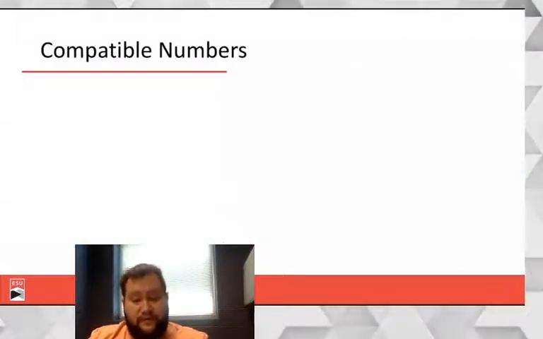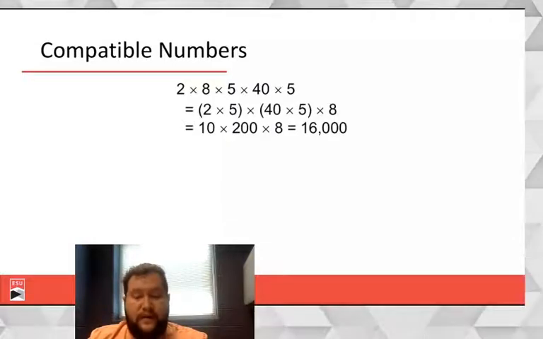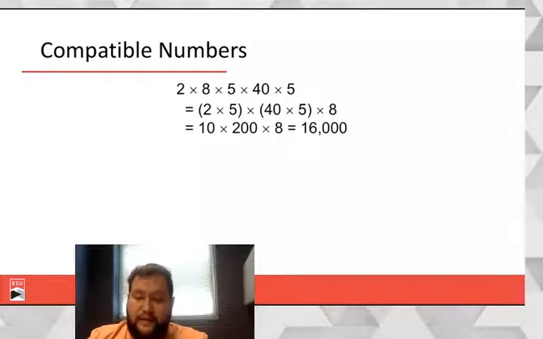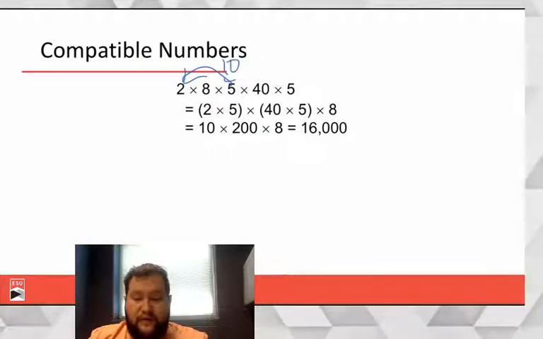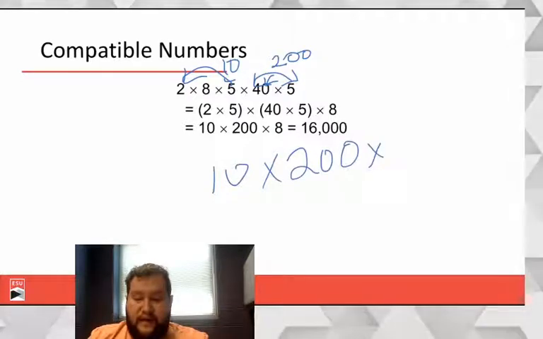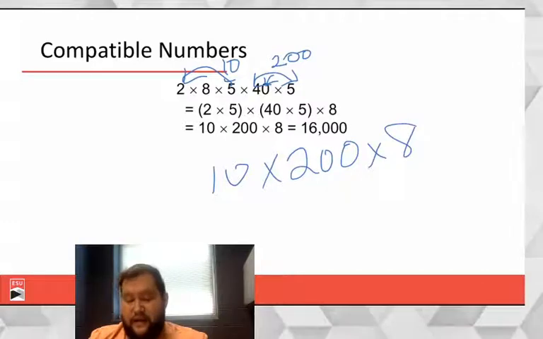Compatible numbers. So I have 2 times 8 times 5 times 40 times 5. Well, I might be like, well, I know that 2 times 5 is 10, and so that's a nice, neat number to work with. And 4 times 5 I know is 20, but that's 40. So now I have 10 times 200 times 8. And we could do some number of multiplication that way.